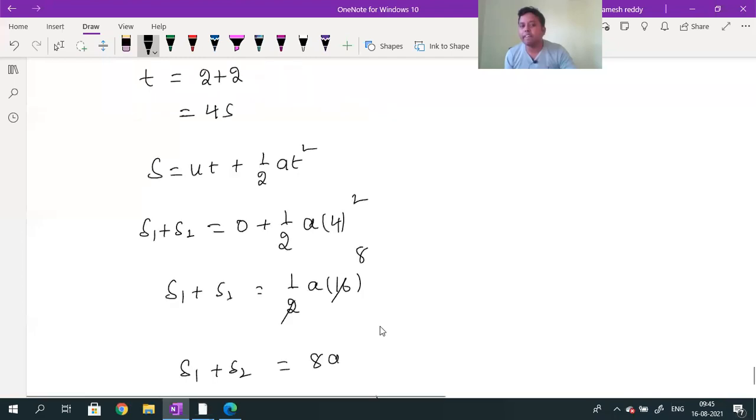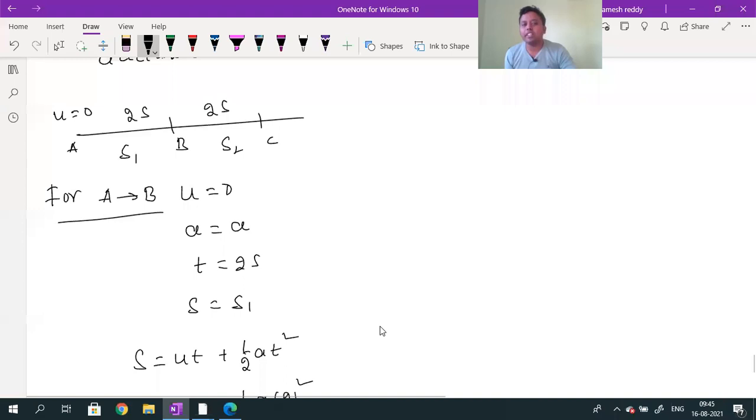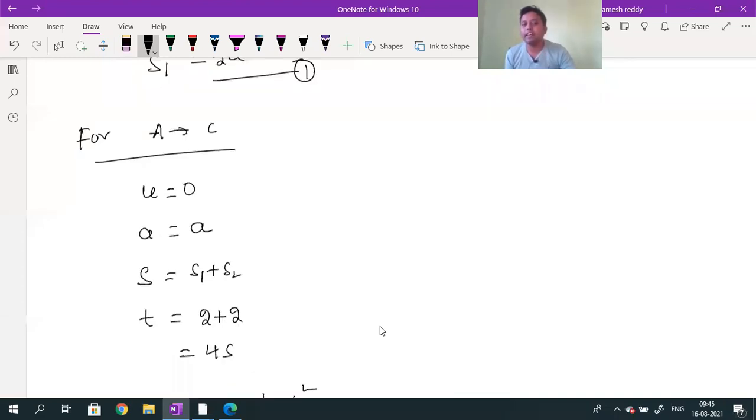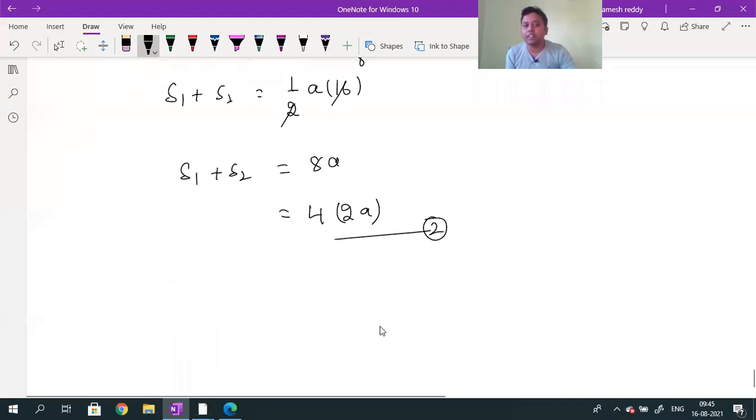Okay? Then what is equation 1? Equation 1 is S1 equal to 2A into E. So can I substitute S1 in place of 2A into E? What will I get? S1 plus S2 will be equal to 4 into S1. Why?